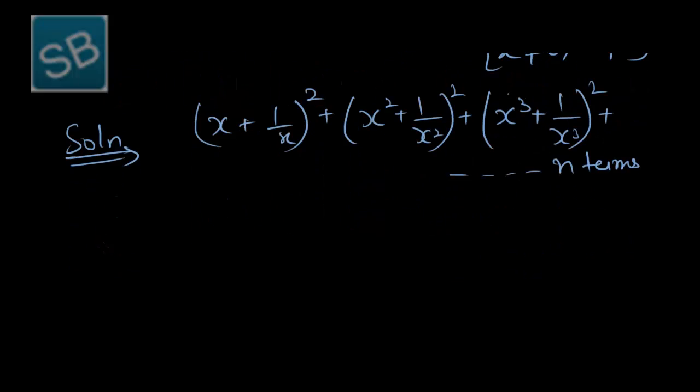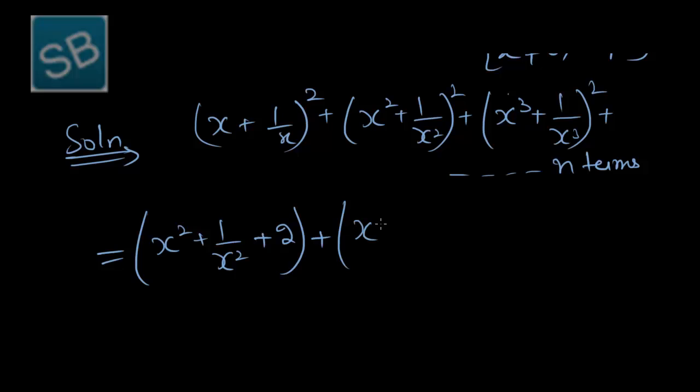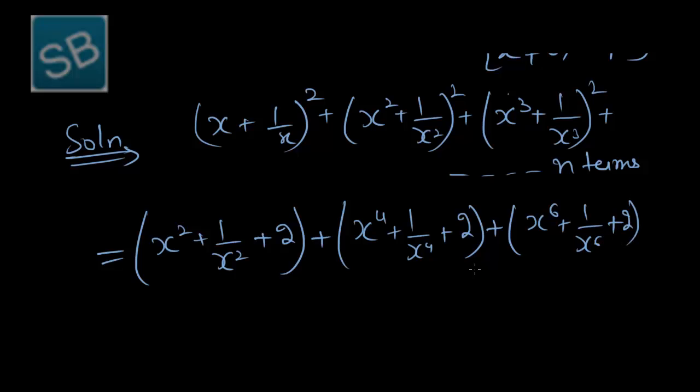So we get here a square plus b square plus 2ab in each bracket. Using the same formula in each bracket, we get x square plus 1 by x square plus 2 into x into 1 by x, that is 2.